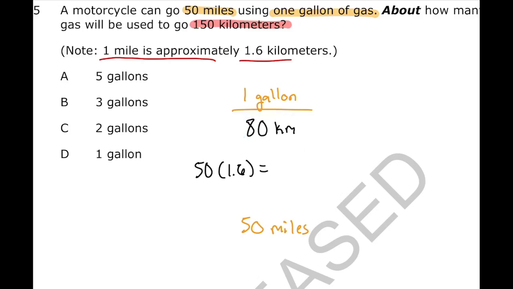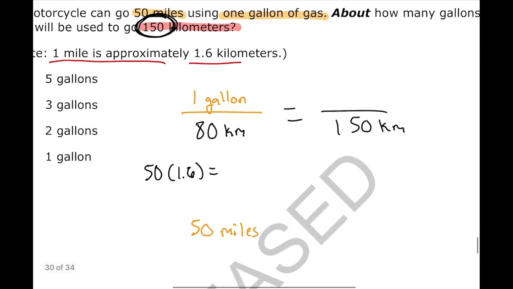Now, with the 80 kilometers, we want to convert this to something over 150 kilometers. We're just generating an equivalent ratio here. So when I look at 80, trying to get to 150, I could cross multiply and divide here.